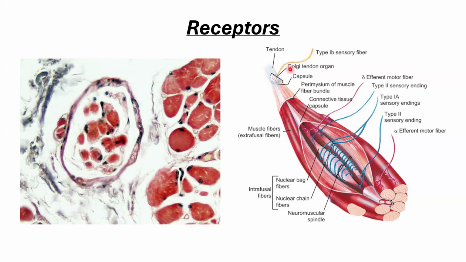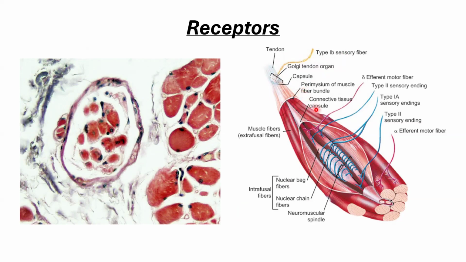Here you can appreciate a myotendinous junction. This is a muscle, this is a tendon, this is a myotendinous junction. And you can see the Golgi tendon organ, the GTO, which perceives tension at the myotendinous junction. Then you have the perimysium, covering a fascicle of a muscle.